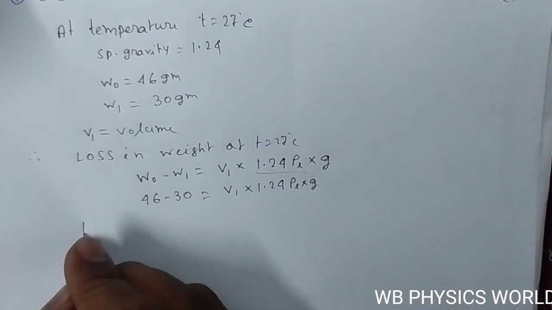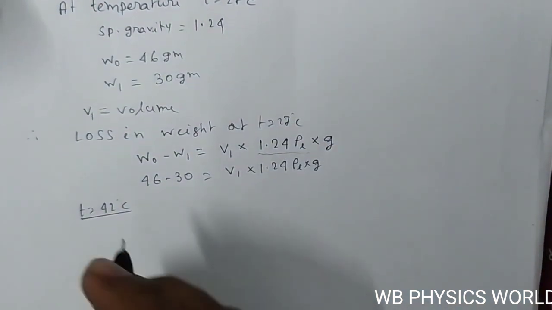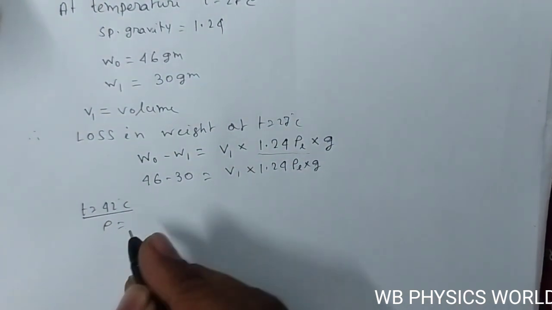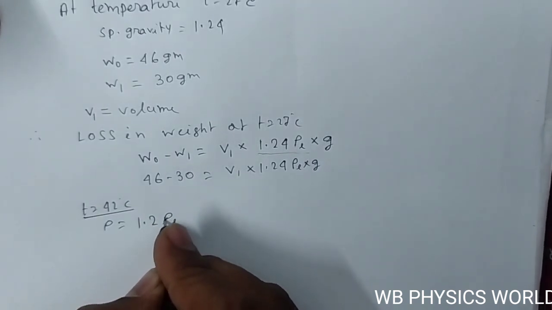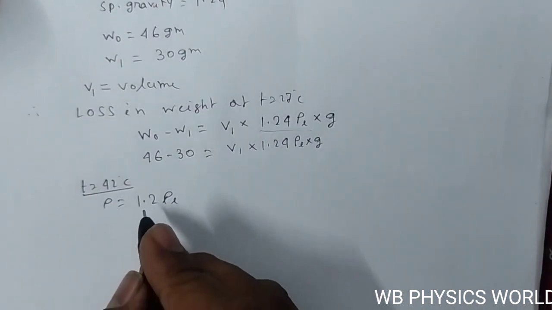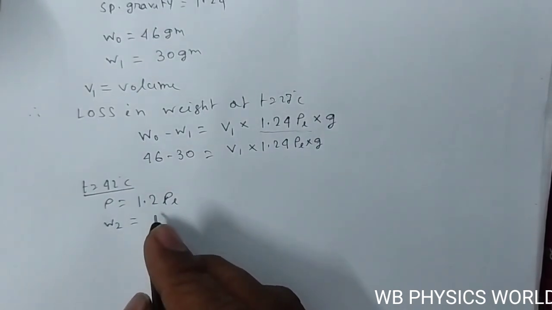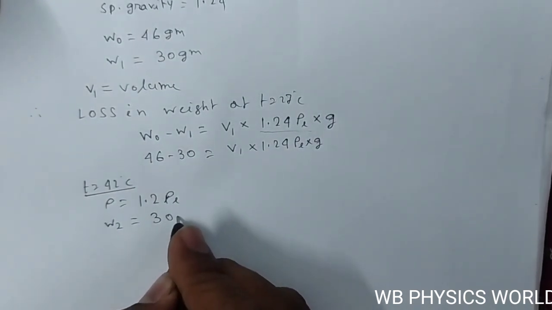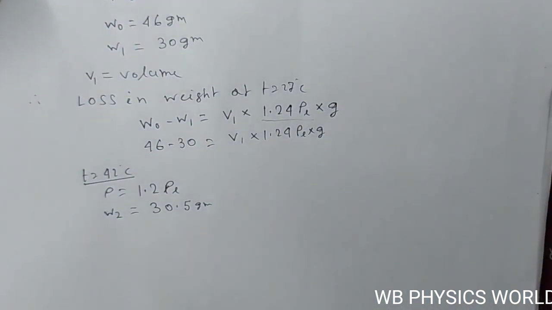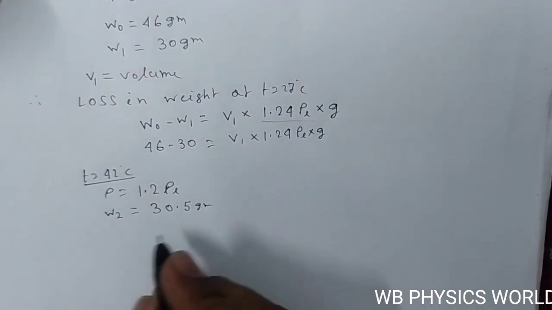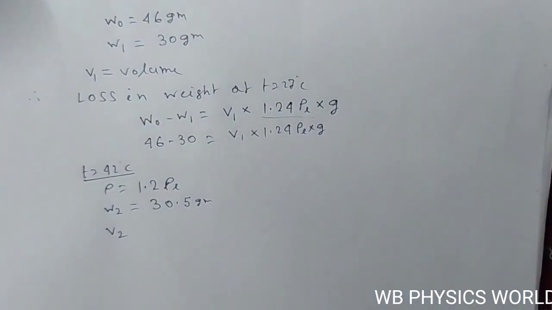And at temperature 42 degrees Celsius, the density of the liquid becomes 1.2 rho L. Here the specific gravity is 1.2 and the weight of the body is 30.5 gram, and the volume is V2.